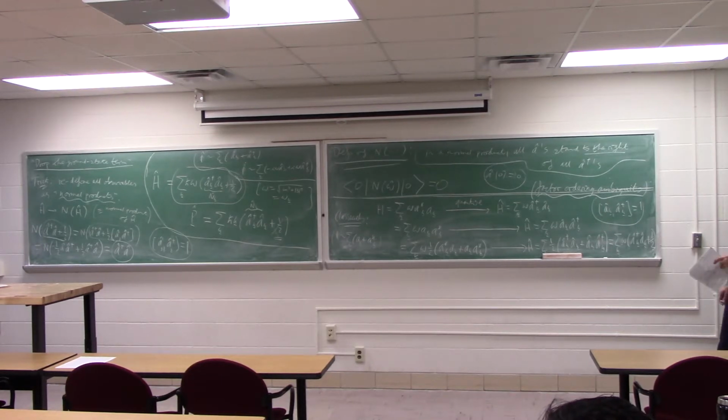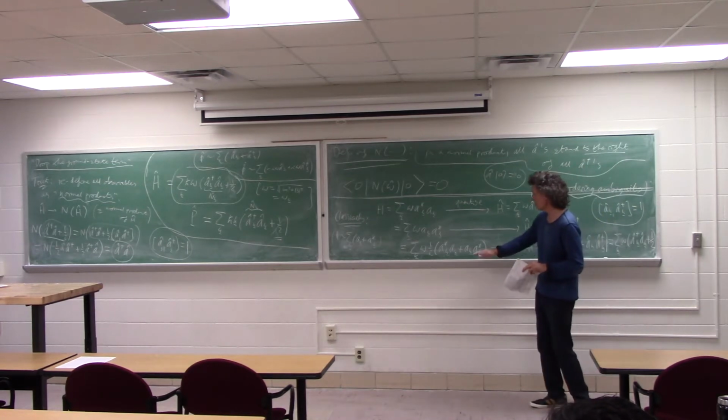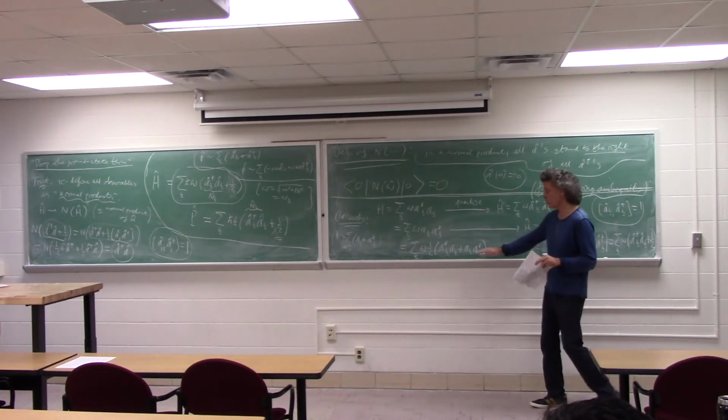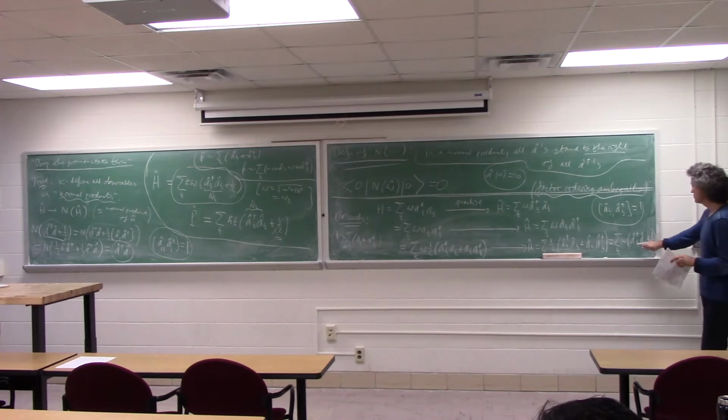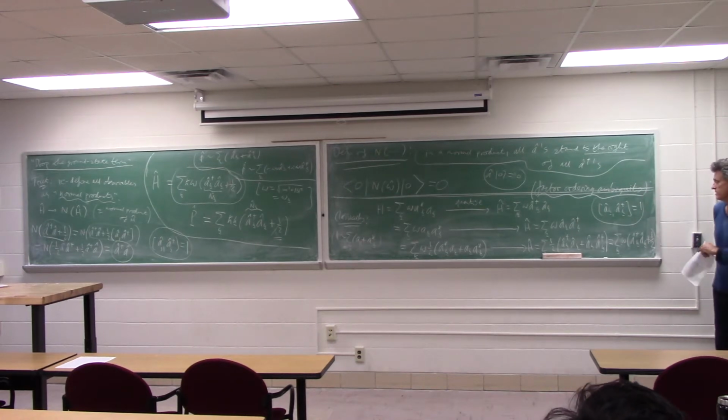All right, so the point is now, if we'd started with the classical theory written like this, when you quantize, you get a Hamiltonian that's a sum over A dagger A plus a half. And this plus a half is this infinite vacuum term.